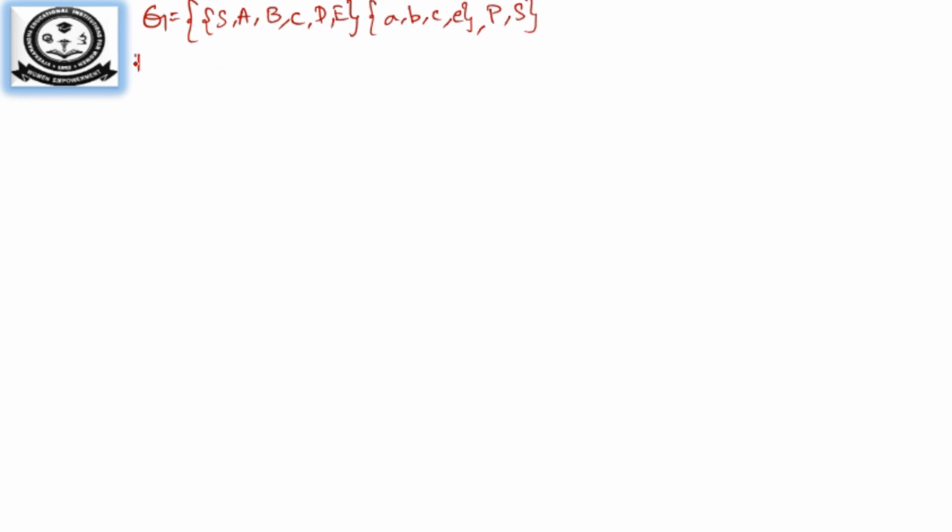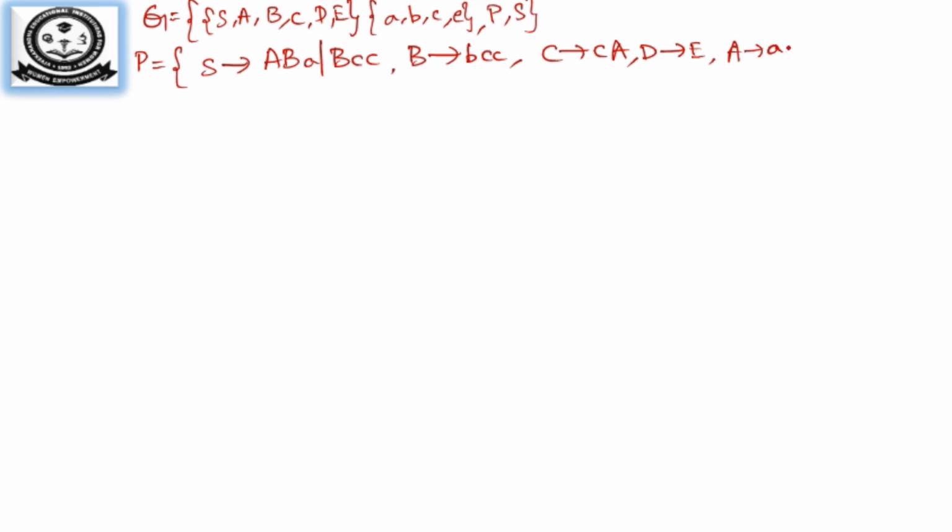So what will be the production rules? P is going to be S. So we'll write the production rules here. S tends to capital A, capital B, and we'll have a small a. Okay, then B tends to b, C, C. Then we can have another C tends to CA, then D tends to E, and A tends to A capital C or b, E, E or a.